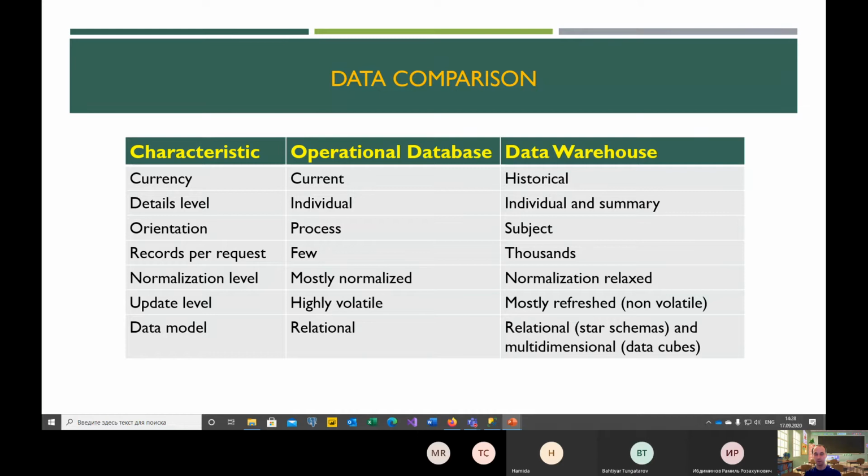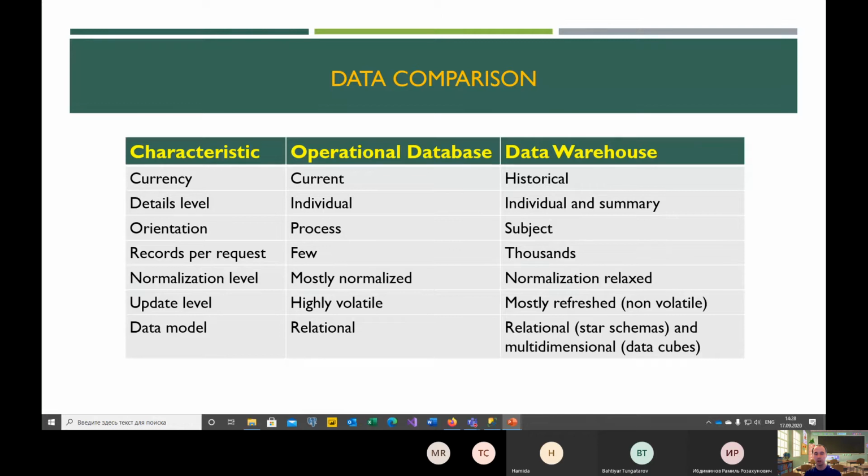As for the level of detail, we can have the individual records kept in the database, and in the data warehouse we have the summary of the data that was represented in these databases.